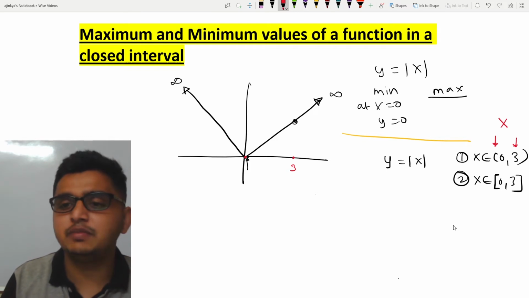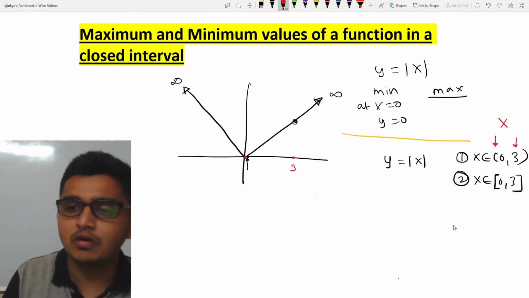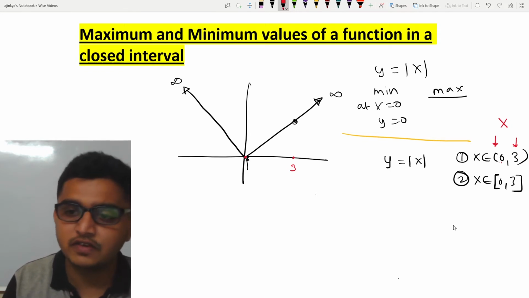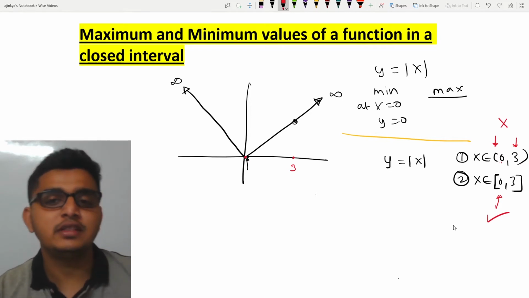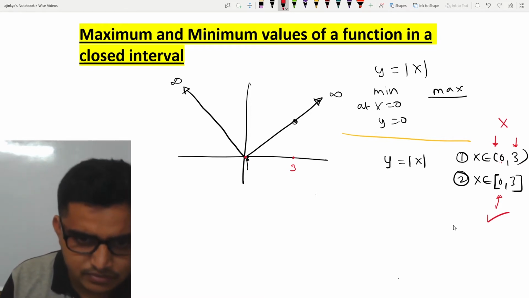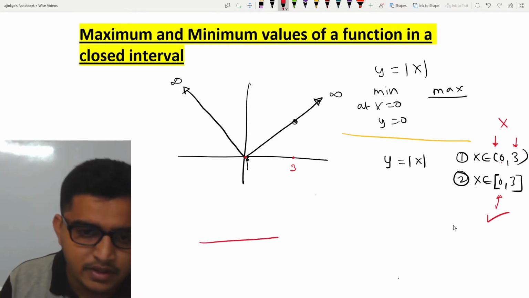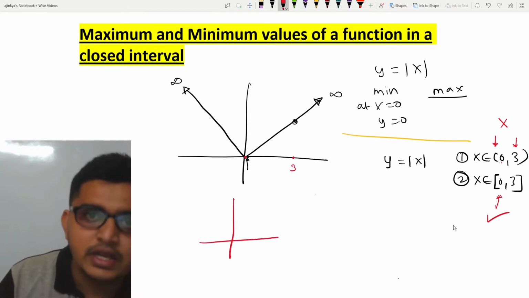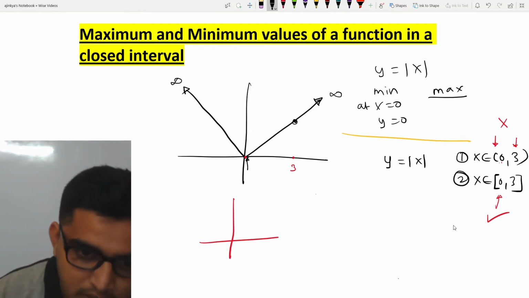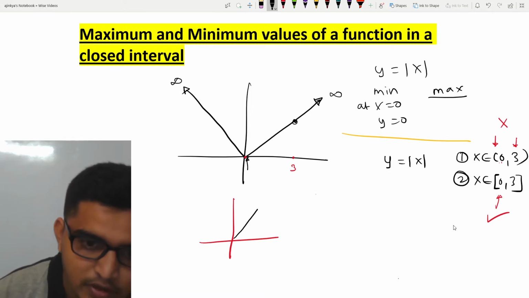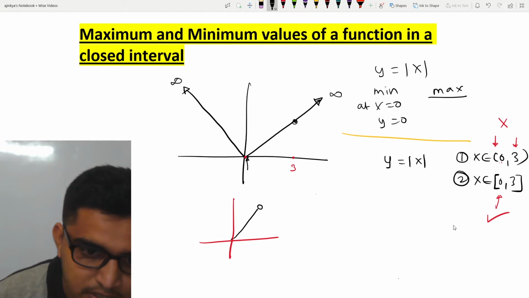In the first condition, 0 and 3 are not included in the function, and in the second, 0 and 3 are included. So in the first case, 0 is not a point under that function, and from 0 it goes to 3, but it does not occupy the number 3.